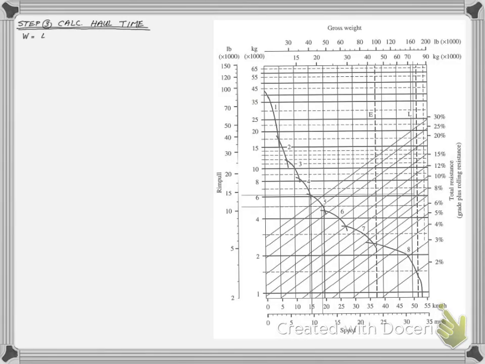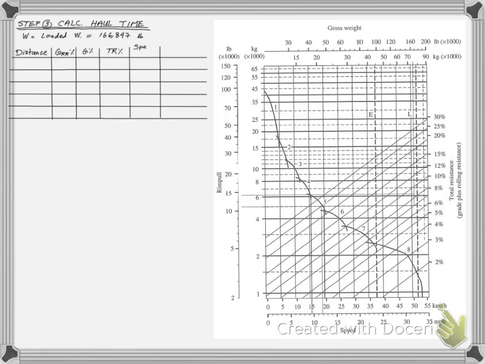The third step is to calculate the total time of the scraper when it travels loaded from the cut to the fill areas. We will use this table to perform our calculations over the different segments of the road.